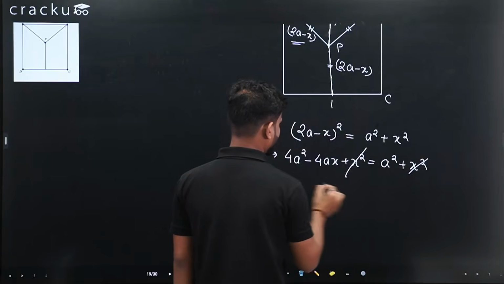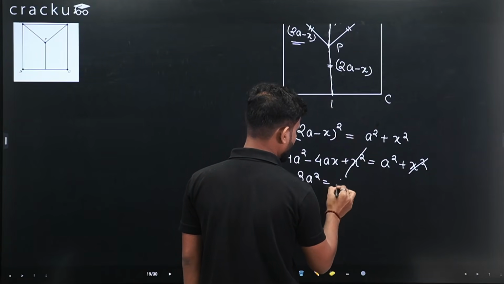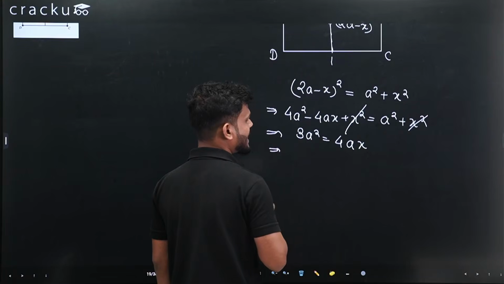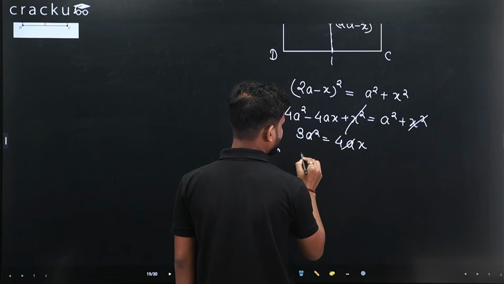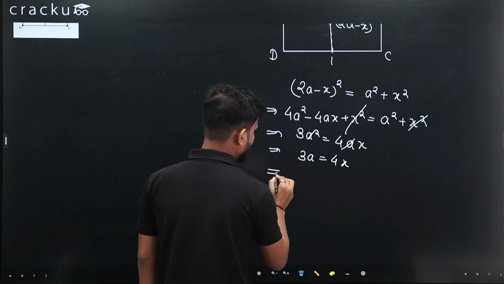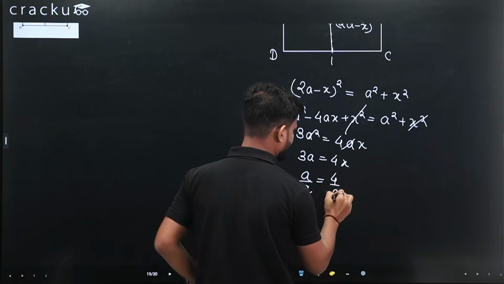From here x square gets cancelled, or 3a square equal to 4ax. Or I can say 3a is equal to 4x, or a by x is equal to 4 by 3.